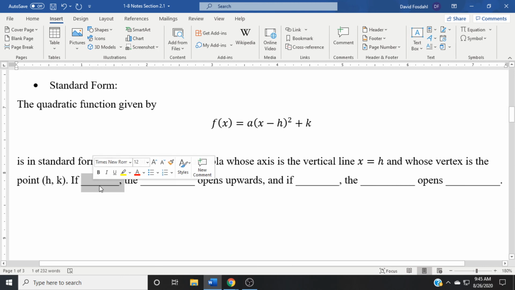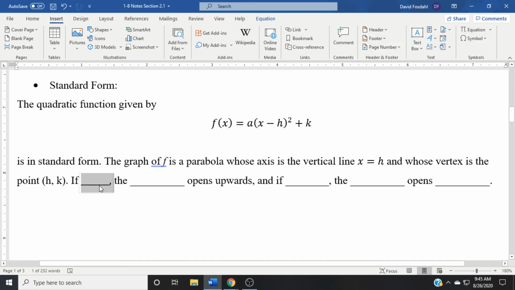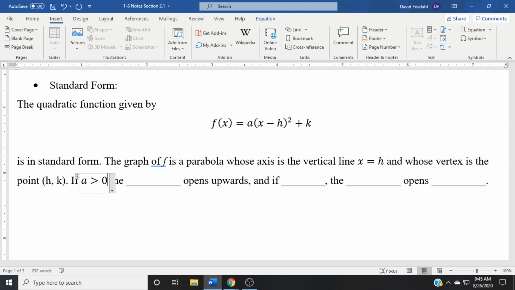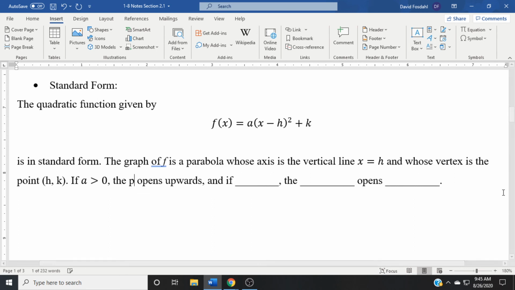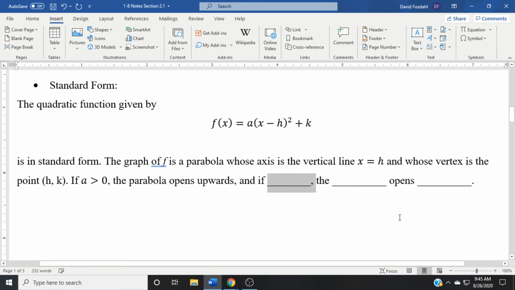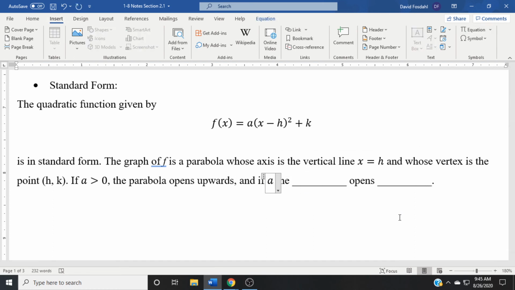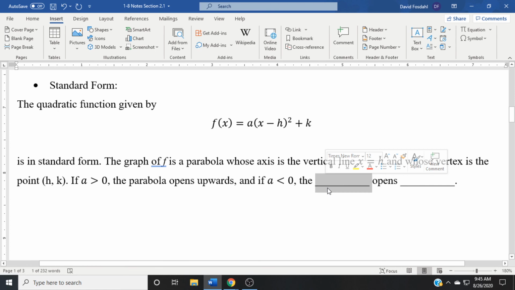If a is greater than 0, the parabola opens upwards. And if a is less than 0, the parabola opens downwards.